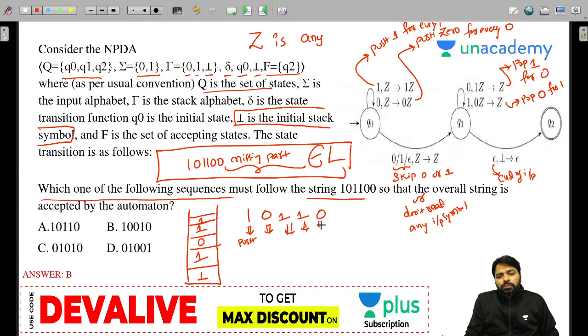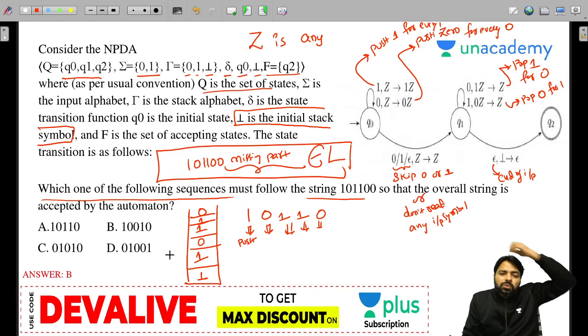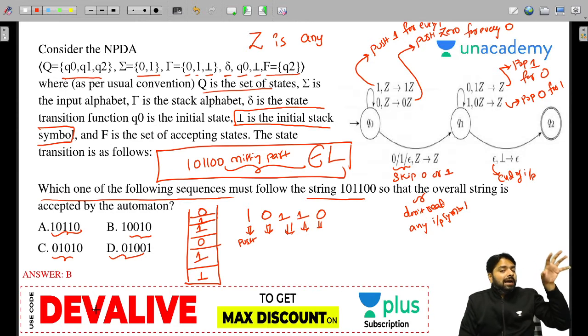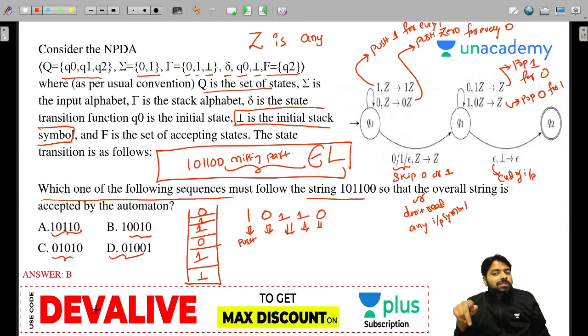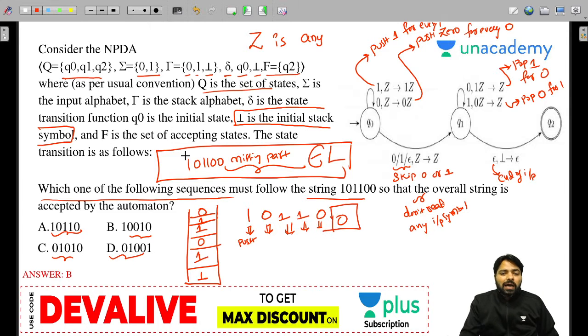We are doing push up to here. Why should I do that? Because the length 5 is given. Out of 6 length, 5 I have to push and 1 I have to skip, so the other 5 can pop these 5 so that I can reach the bottom. That is my idea. The last 0, I've read these 6 symbols, guys. I skip, meaning I'm going to change the state. Now what should come here?